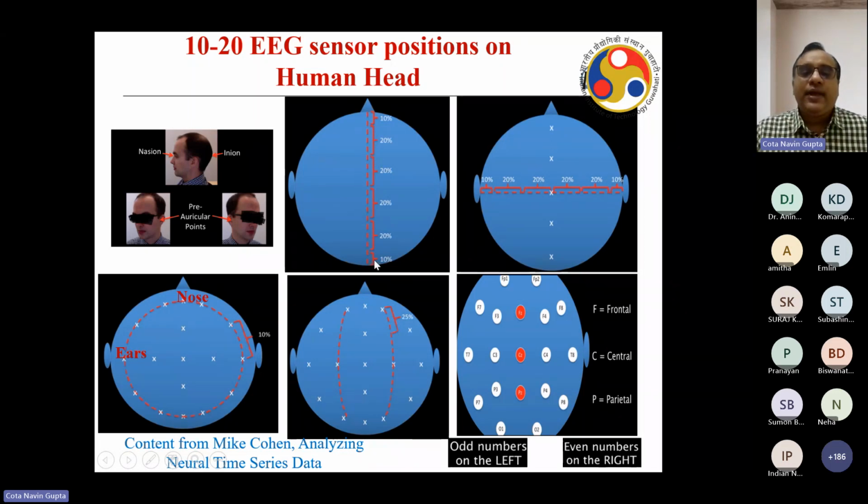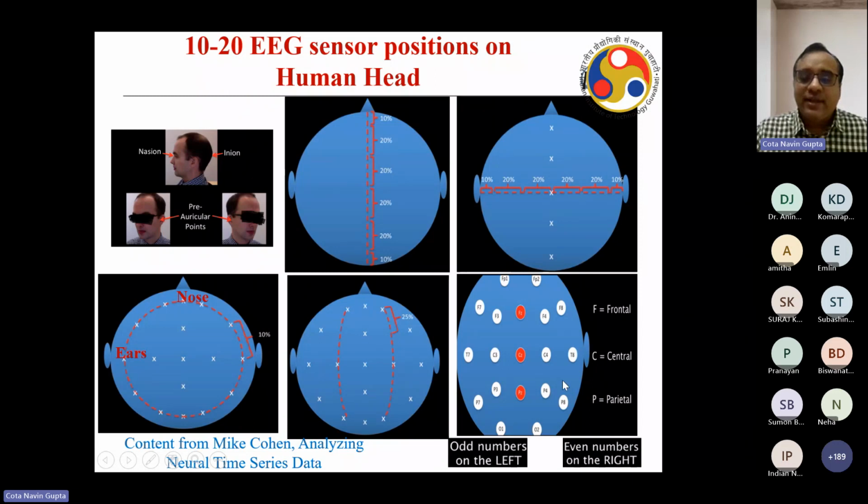You go all the way, and then you place electrodes across your head, and you traverse this way in a similar manner. The first electrode is placed after traversing 10% of the distance, and from this side also 10%, and in between you place an electrode after you traverse 20% of the measured distance. In this way you are placing your electrodes so that you cover the entire brain.